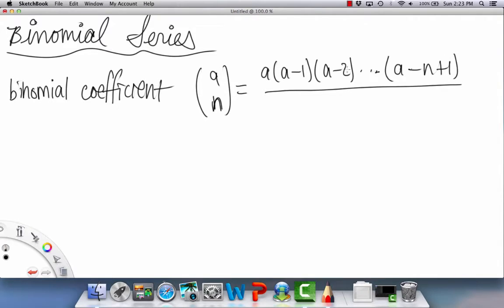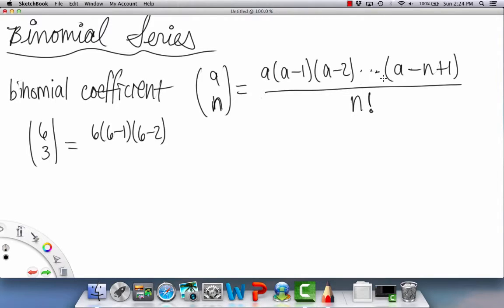This might look a little confusing, but it'll make sense once we do applications of it. So here are some examples. First, we have 6 over 3, so a is 6.